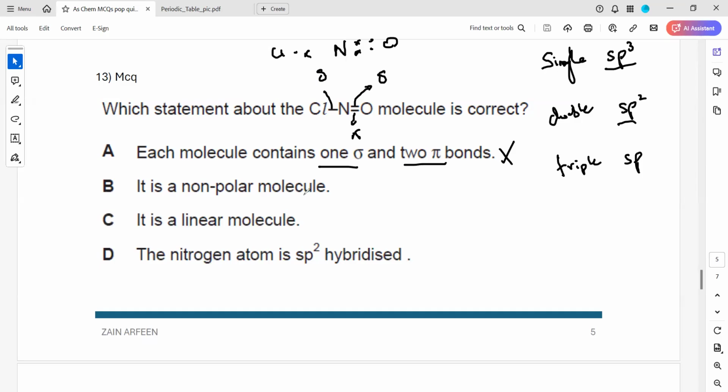It is a non-polar molecule. It cannot be a non-polar molecule. Why? Because two atoms having a difference in electronegativity are attached. For example, nitrogen bonded with oxygen.